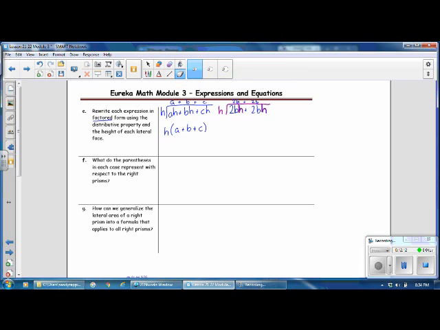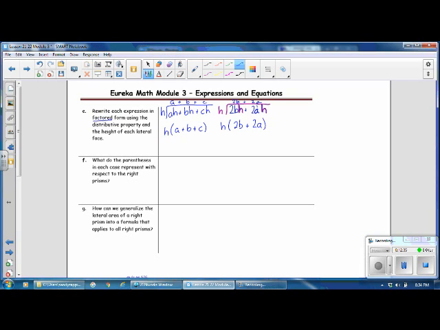Actually, I think that needs to be changed to a. There we go. 2 times b times h plus 2 times a times h. So we factor out the h, and that gives us the height times the quantity 2b plus 2a.